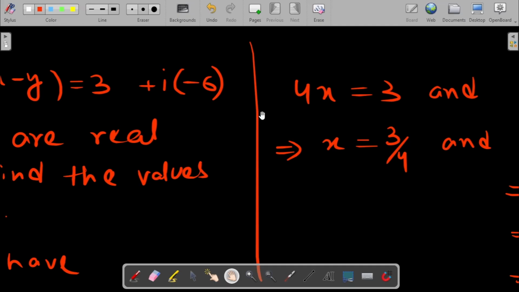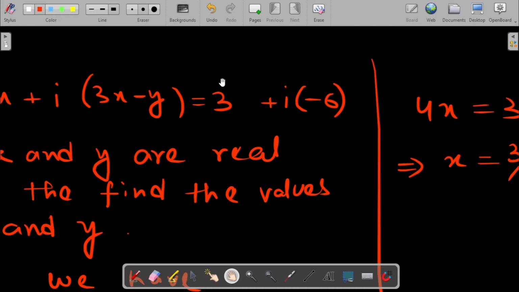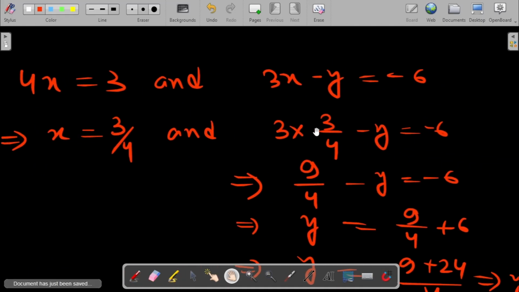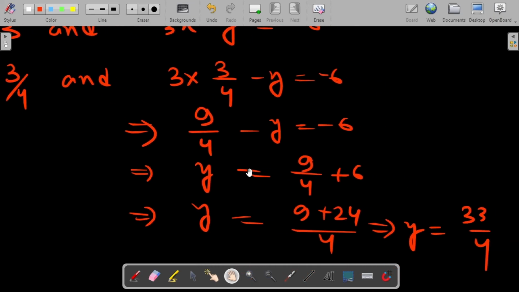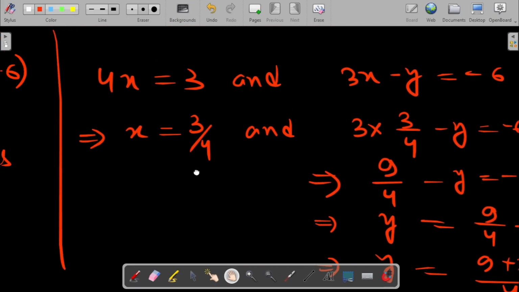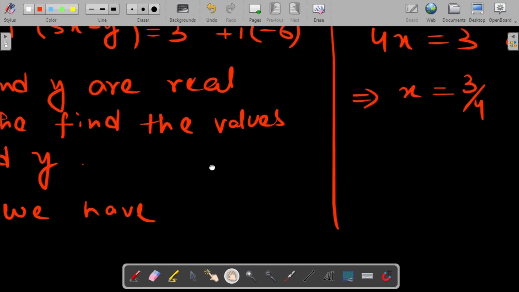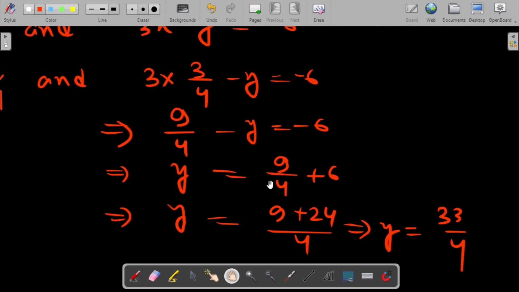This is a linear equation, and it gives x equal to 3 by 4. Next, the imaginary parts are equal, so 3x minus y equal to minus 6, and we substitute x equal to 3 by 4 in the second equation. After substituting, I get y equal to 33 by 4. So the value of x is 3 by 4 and the value of y is 33 by 4.